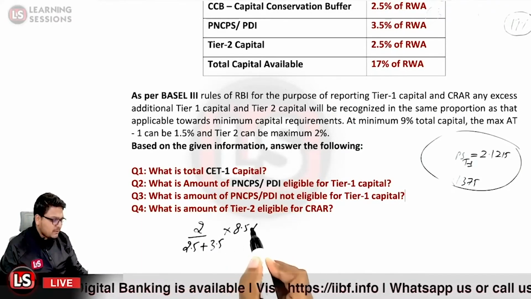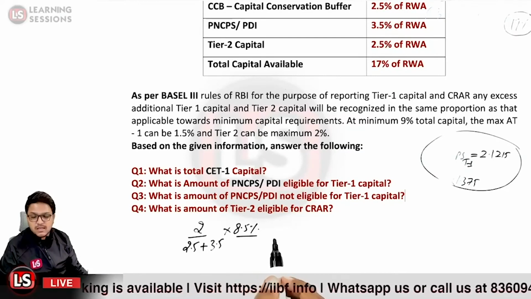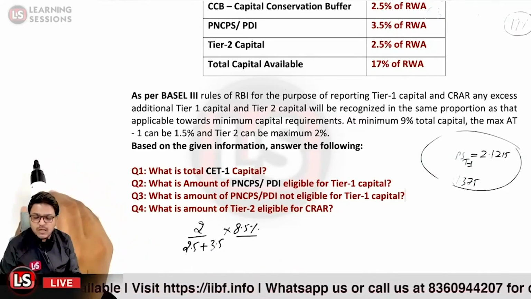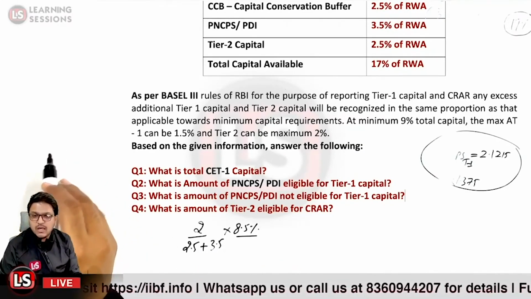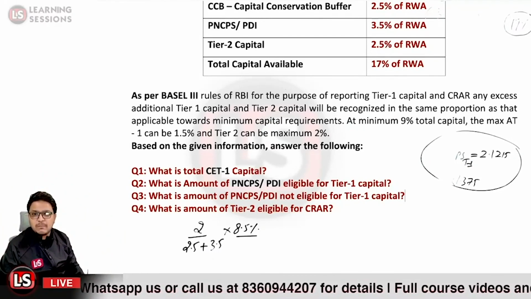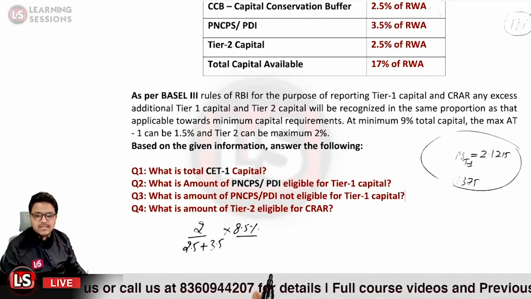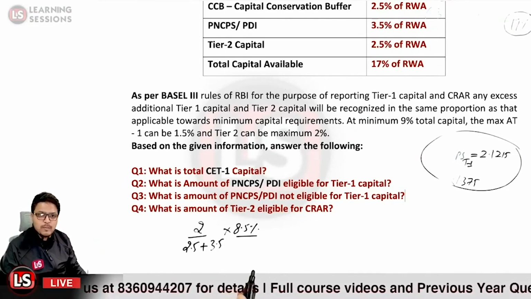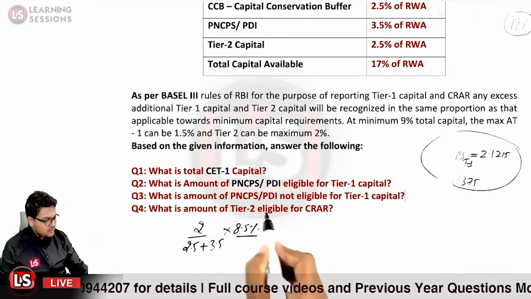Why do we multiply by 8.5%? Because the CET1 ratio is given to be 8.5%, and the rest of the capital will come from the 17% minus the CET1 capital, that is 17 minus 8.5%. So we will be multiplying it with that 8.5%.